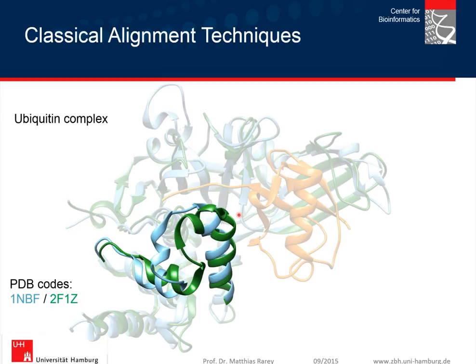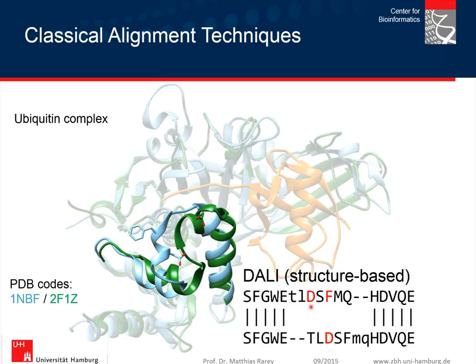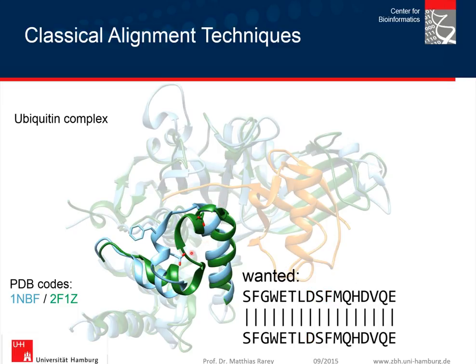You see that there's a substantial change here, also in the secondary structure and the backbone fold. If you do this with a structural alignment tool, it will produce something like what you basically see here, because it will try to fit the secondary structure elements on top of each other. But for considering the flexibility, you actually want to have the one-to-one mapping. So you need something which is closer to the regular sequence alignment, as we have seen before.